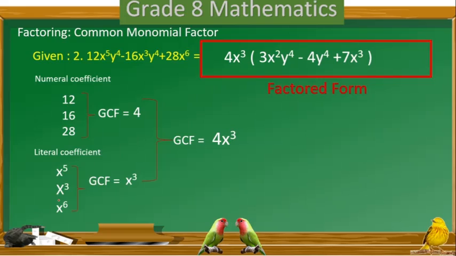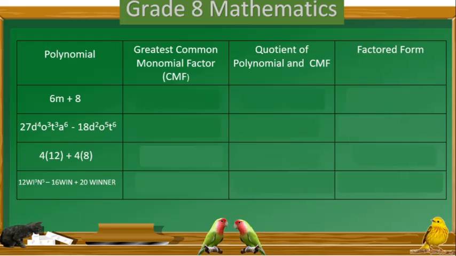Okay, the second example. This is the figure that can be found in your thematic modules. How to answer this one is that you put the result where it belongs, for example, in the columns for the greatest common factor, the quotient, and the factored form.